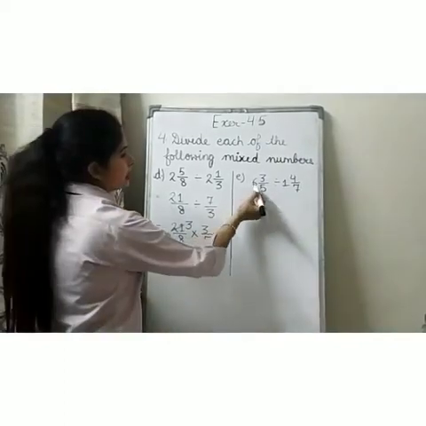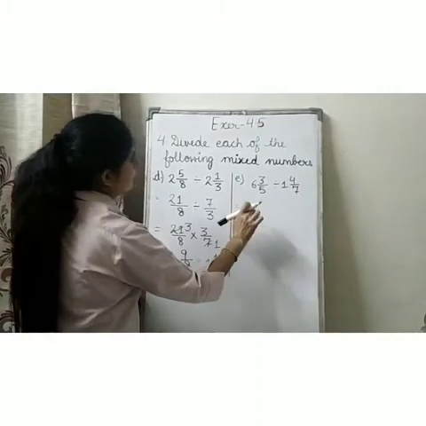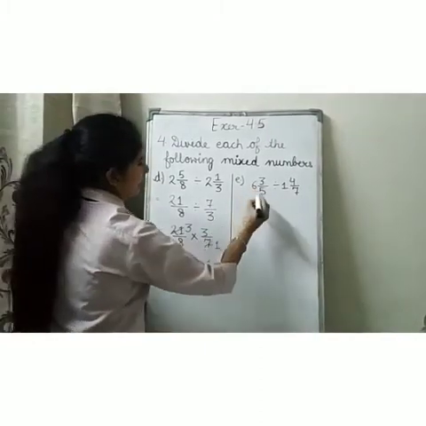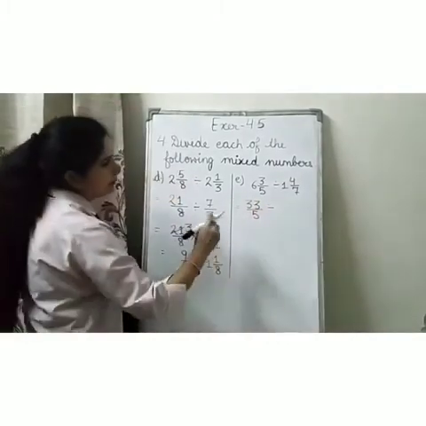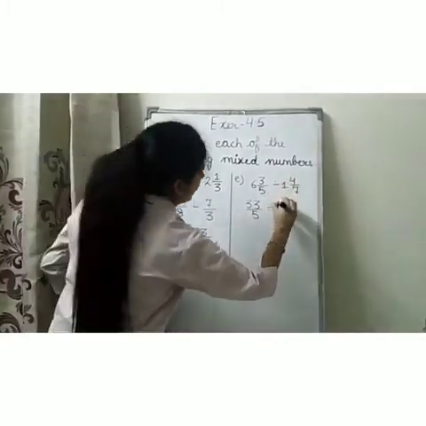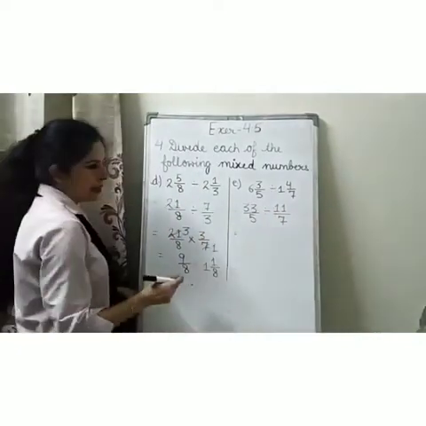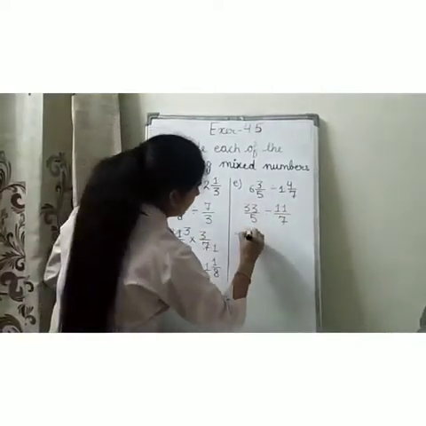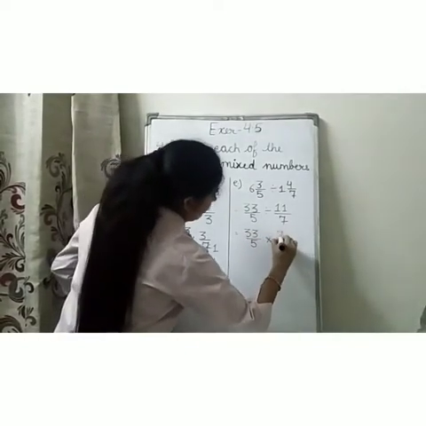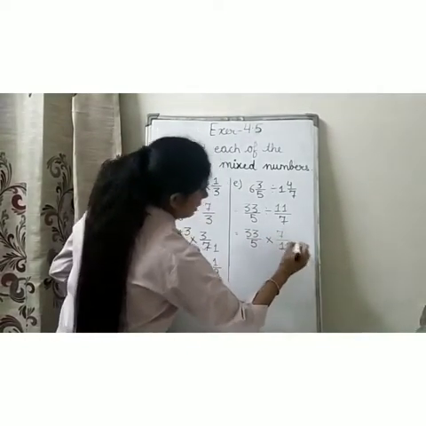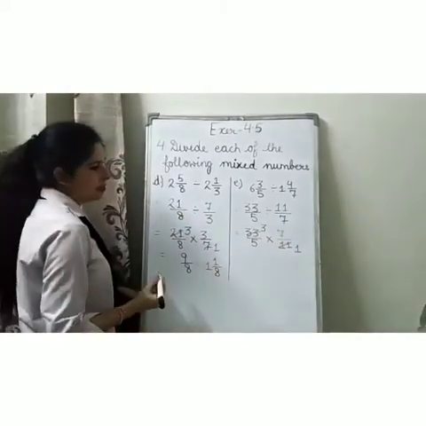Next. 6 and 3 over 5 divided by 1 and 4 over 7. 5 sixes are 30 plus 3, 33 over 5 divided by 7 ones are 7 and 4, 11 over 7. Now the reciprocal of 11 over 7. Change the sign. 7 over 11. 11 ones are 11. 11 threes are 33.